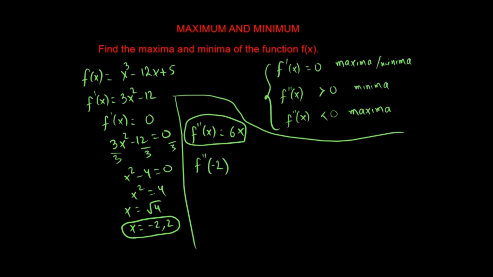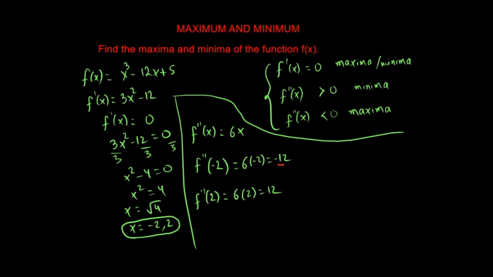Our goal is to find if the second derivative is positive or negative. When you plug in minus 2, since it's 6 times x, this becomes 6 times minus 2, which is minus 12. And f double prime of 2 would be 6 times 2, which is plus 12.